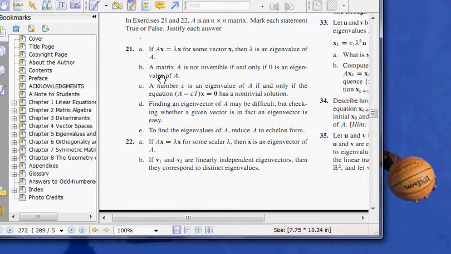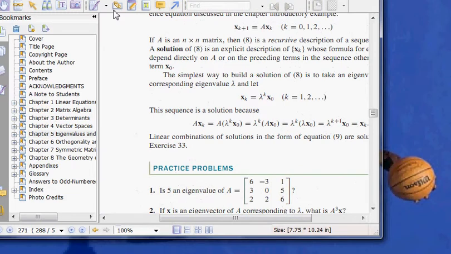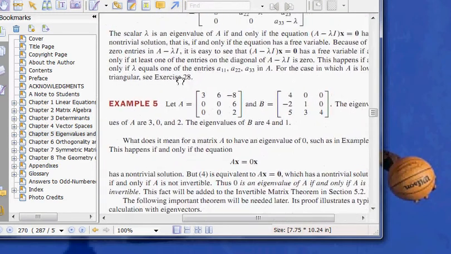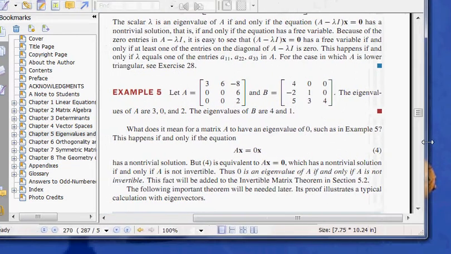Look at B. A matrix A is not invertible if and only if 0 is an eigenvalue of A. Let's go back to example 5. You have A right here and B right here. The eigenvalues of A are this and the eigenvalues of B are that.